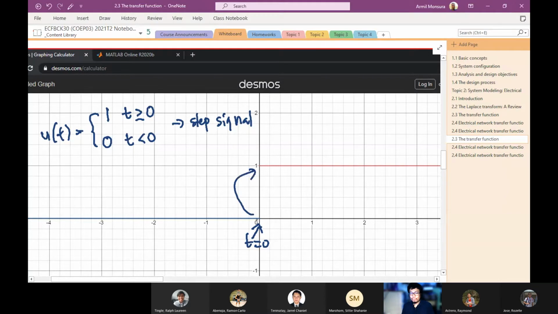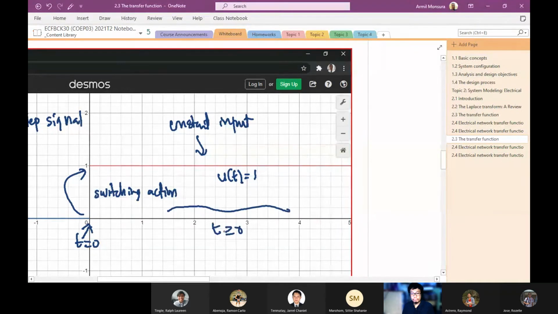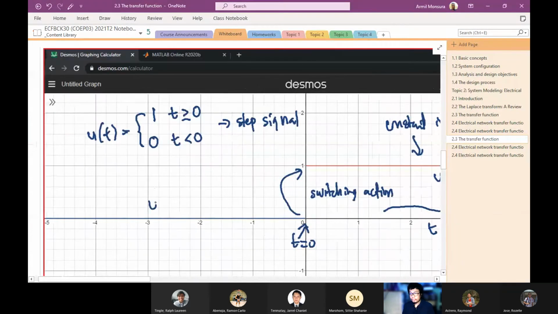So, yung ito is models a switching action. And then from there, magkakaroon ng constant input yung system mo. So, you now have a constant input. Ito yung point na yung u of t ninyo equals 1 when t is positive, while ang u of t niyo is 0 when t is negative.